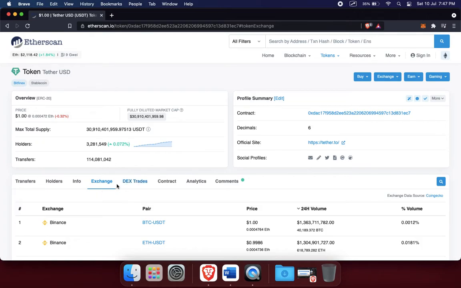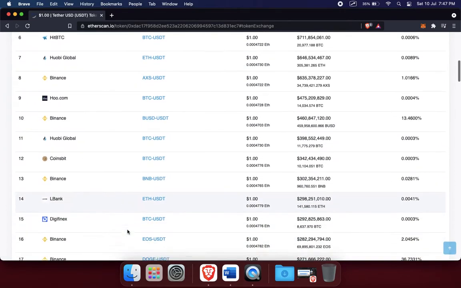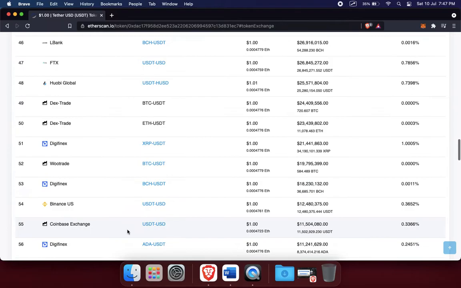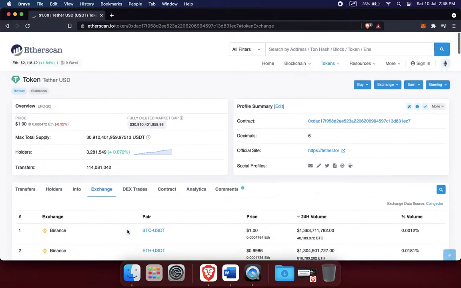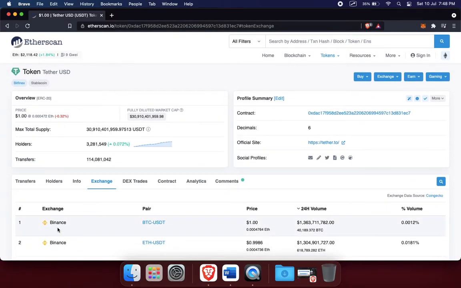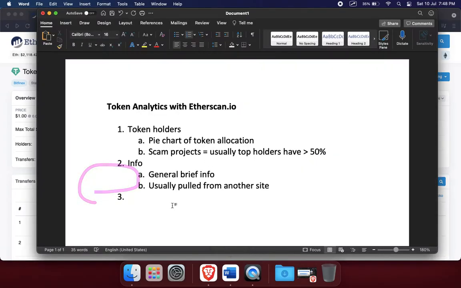So the exchange shows us how actively the token is being used in different exchanges, right? Obviously, if it's a scam token, it's probably not even going to be on an exchange. You may not even find scam tokens listed on exchanges. So that's an important thing when you have the exchange.